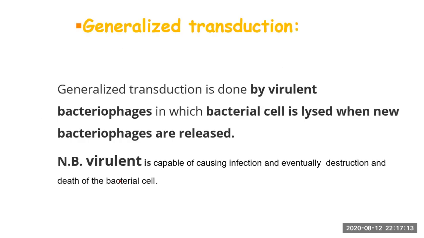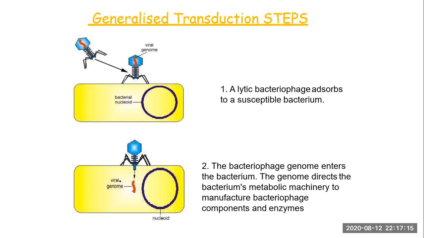How does it happen? It is very familiar to you, as you already read it in viral reproduction, the lytic cycle. Now these are the generalized transduction steps in bacteria. First, the viral genome is introduced into the bacterial cell.